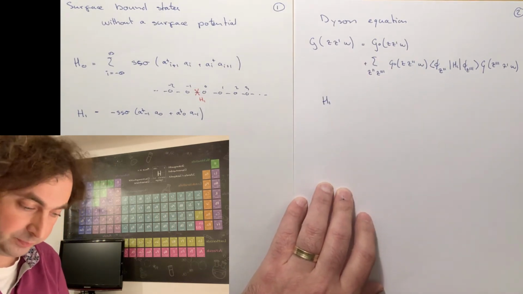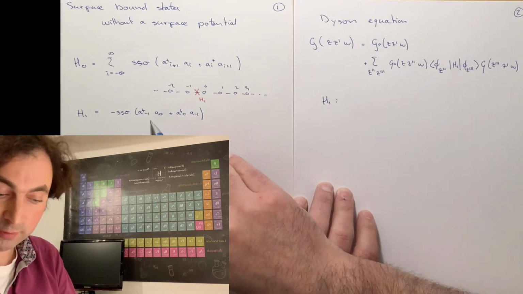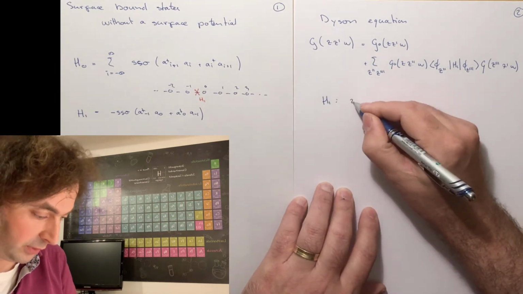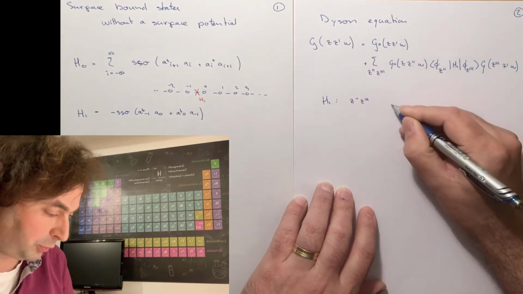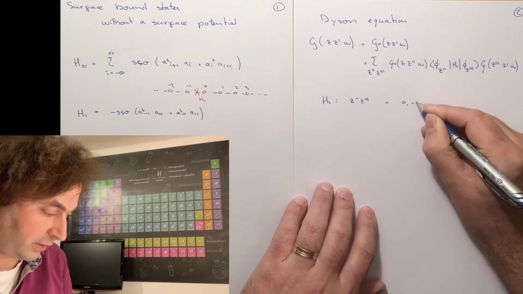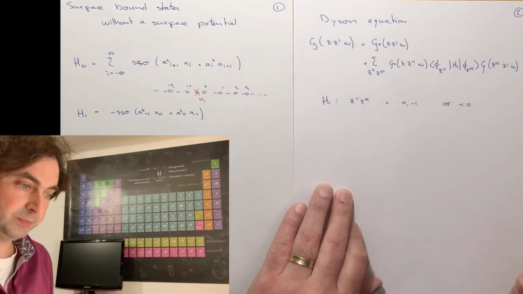Now h1 has only a finite value for the combinations of z double prime and z triple prime of 0 and -1, or -1 and 0.